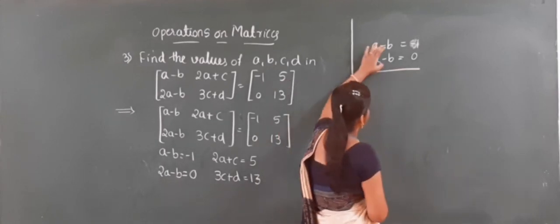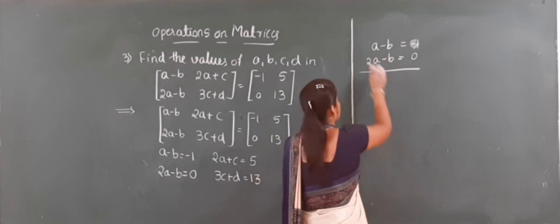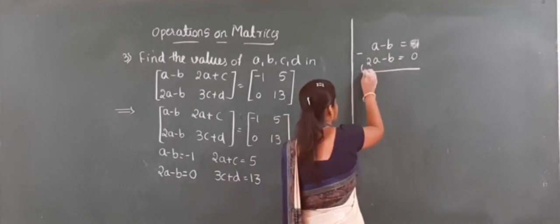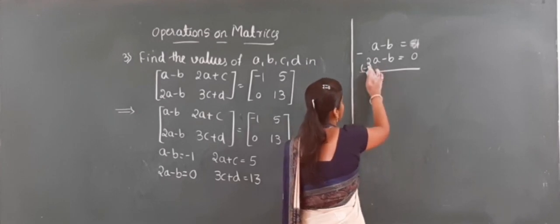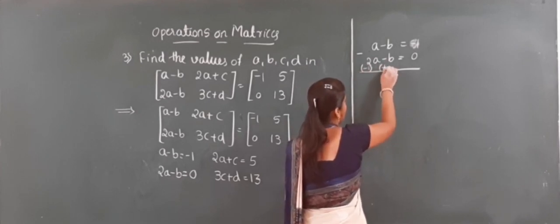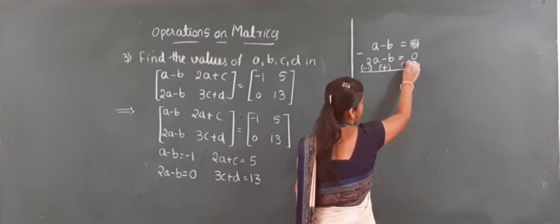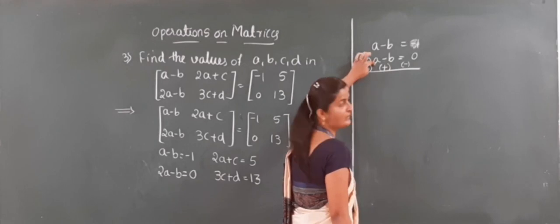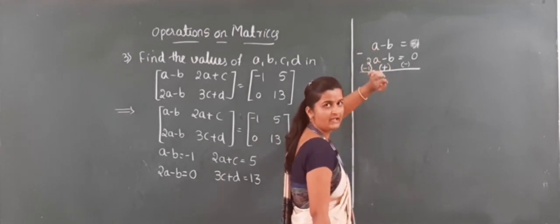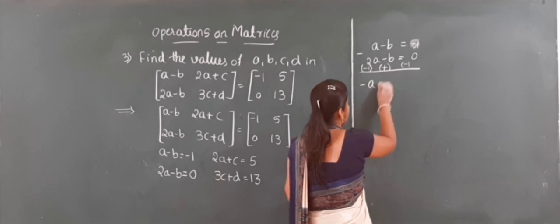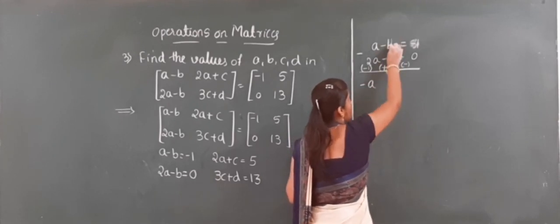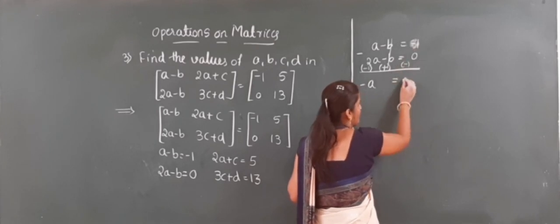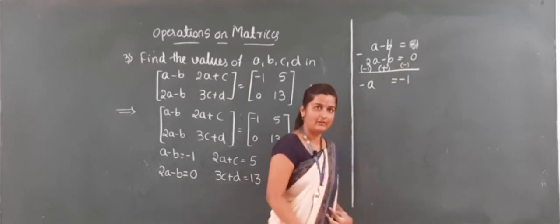See here, A minus B, 2A minus B, we can subtract. The subtraction rule is, we have to change the signs. Here minus sign, and here minus is changed to plus. Next, A minus 2A is minus A, and here minus B plus B get cancelled, equal to minus 1 minus 0, that is minus 1.